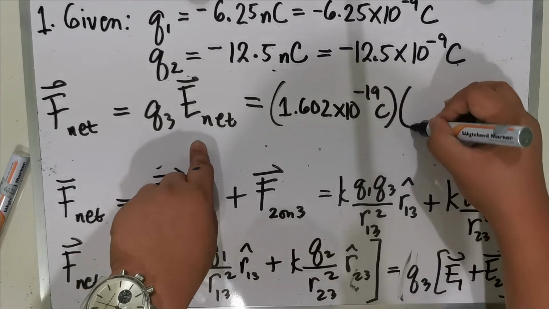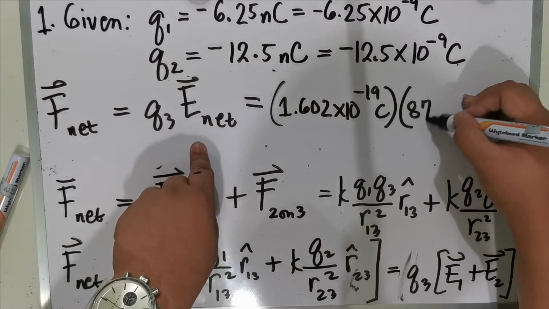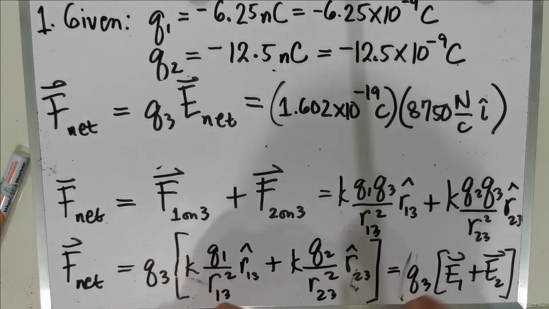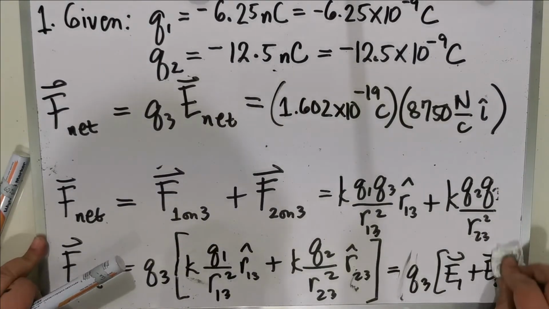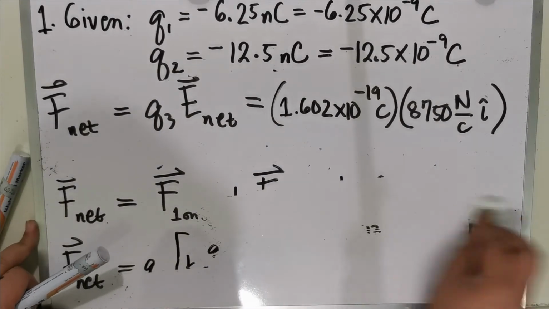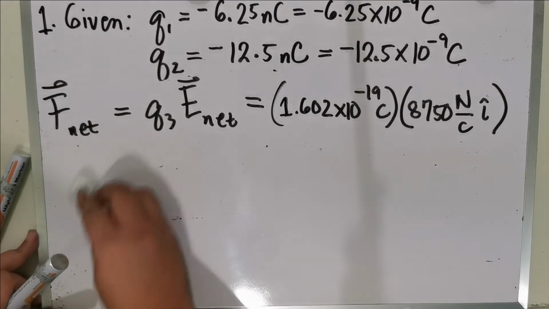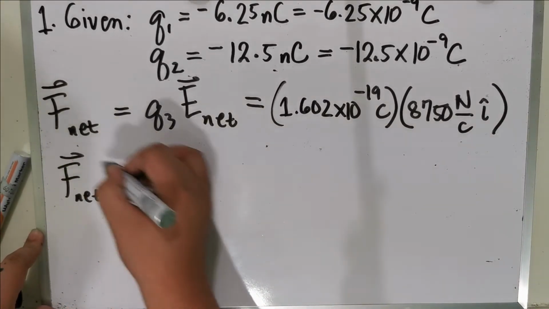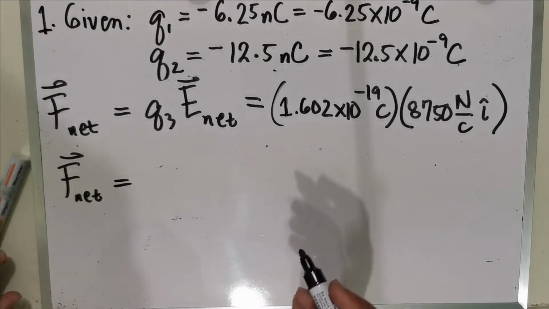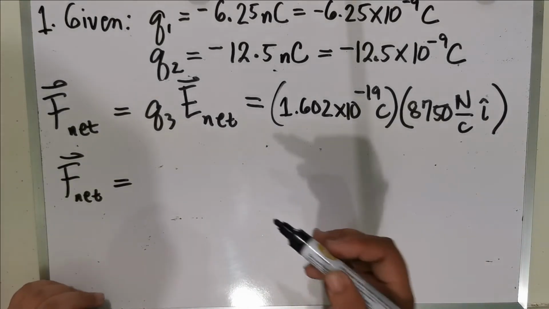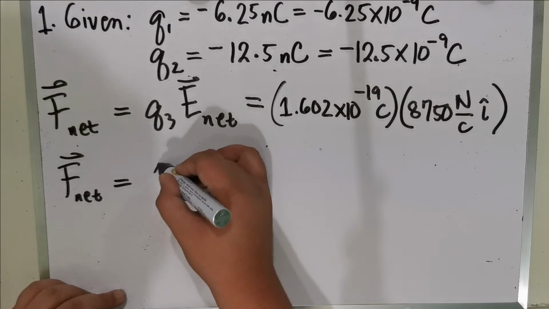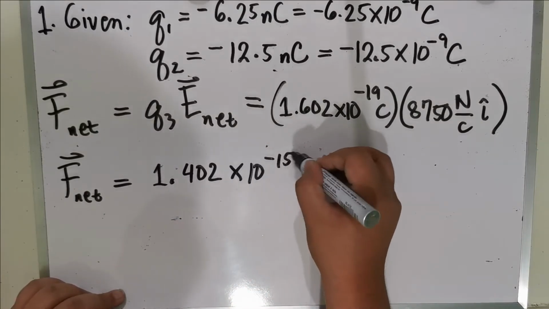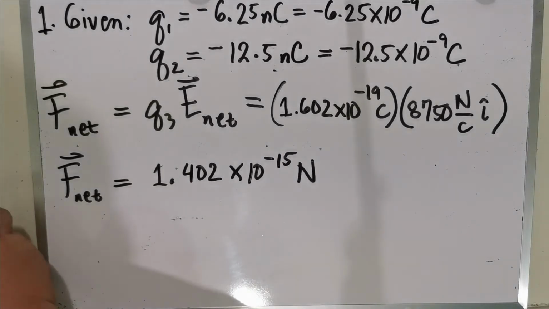So the net force due to these charges at point P, if we place a proton on that point, would be equal to 1.402 times 10 to the negative 15 Newton.